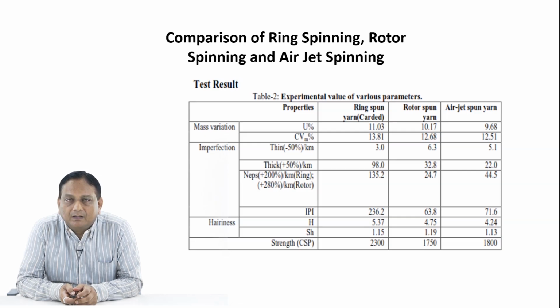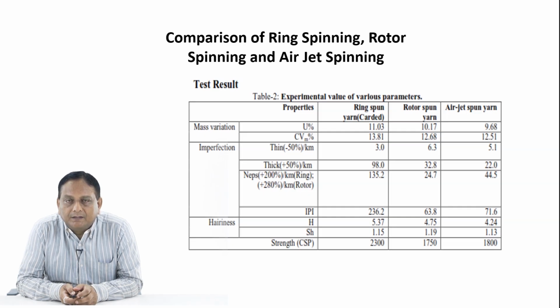In case of the naps, you can see more naps in certain areas of the ring spun yarn, but fewer in case of air jet and rotor spun yarn. Similarly, when you compare yarn hairiness, you can see the hairiness index also. There is somewhat more hairiness in the ring spun yarn than in the rotor or the air jet spun yarn.